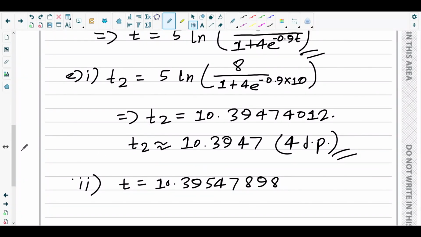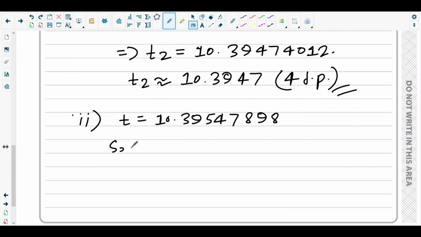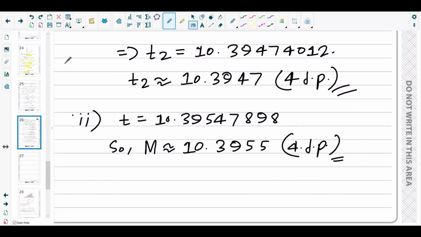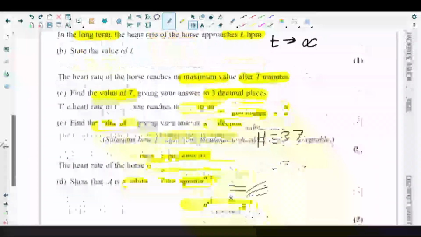It's not changing other than that. So the value of M up to 4 decimal places is 10.3955. This is up to 4 decimal places, and that's exactly what part E2 has asked for.